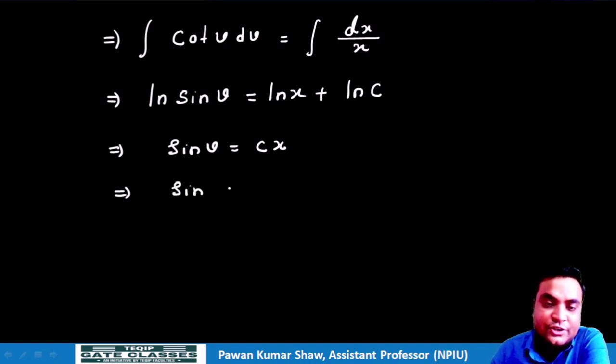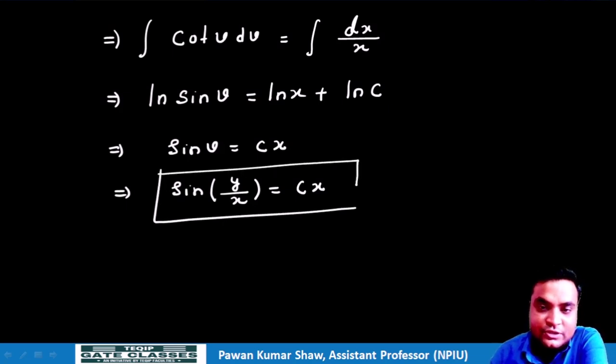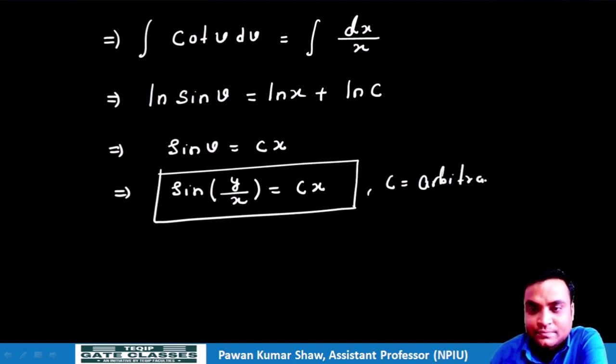Remember that when we write our final solution, it should be in terms of x and y, so sin of y by x is equal to Cx. So this is the general solution of our differential equation, where C is the arbitrary constant.